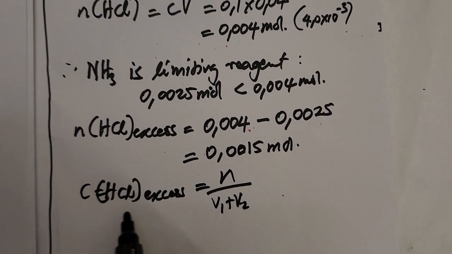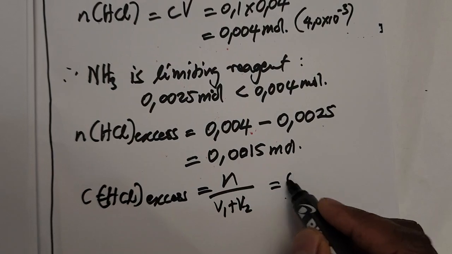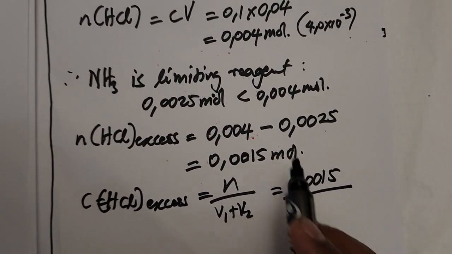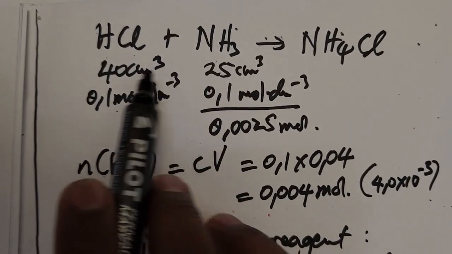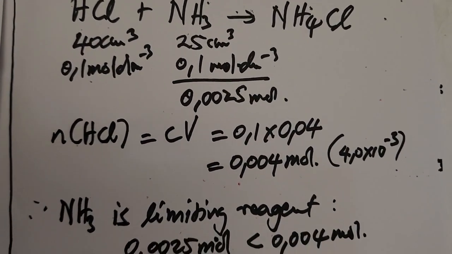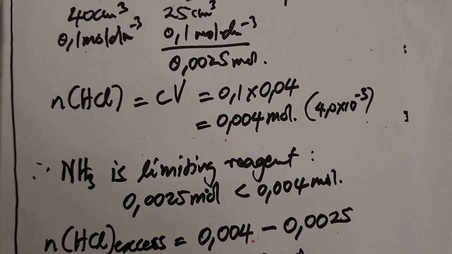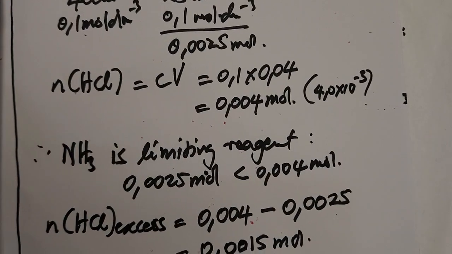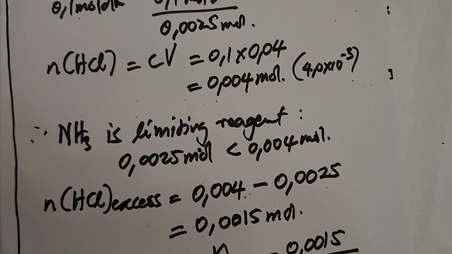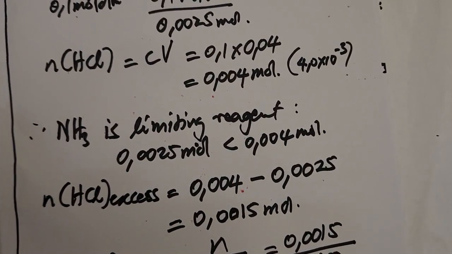Please know that when you're calculating the concentration in excess, you're going to add the two volumes, which means that it will be 0.0015 divided by the volume according to the given information was what, 40 plus this one, which is 65, then will give us a 0.065. Therefore the concentration here will give us something like 0.0375 mole per dm cube.